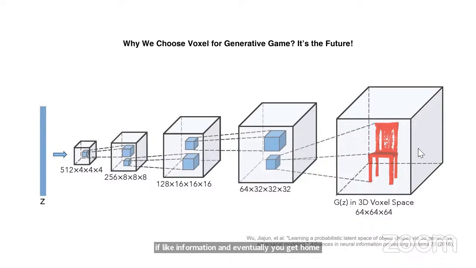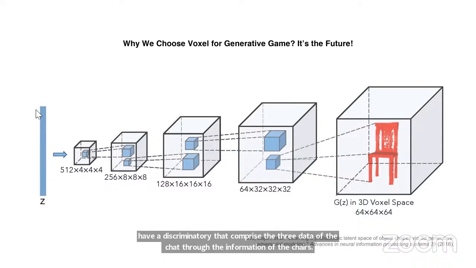So for the generative adversarial network, you also have a discriminator that compresses the 3D information of the chairs into a latent vector Z, like this, if you read the picture from right to left.